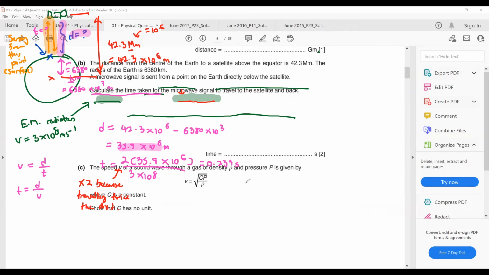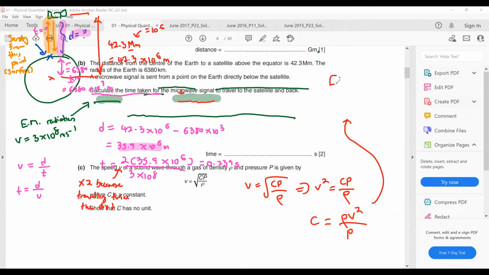Okay, now v is square root of Cp over rho. You get rid of the square root there, you get v squared equals Cp over rho. So you make C the subject, so you get rho v squared over P. Then after that, the unit of C is the unit of rho v squared over unit of pressure.